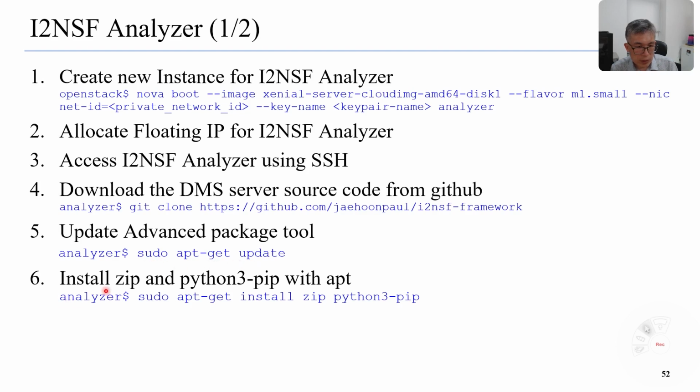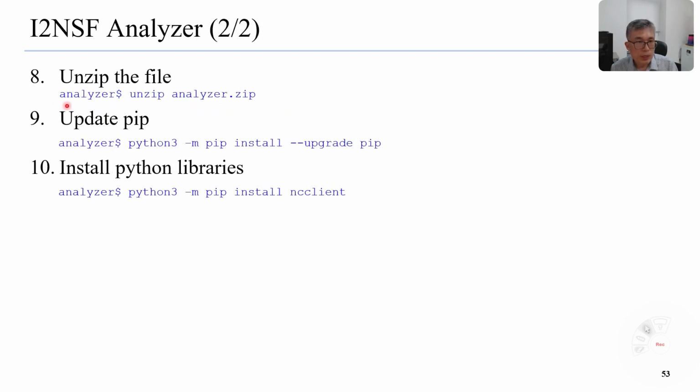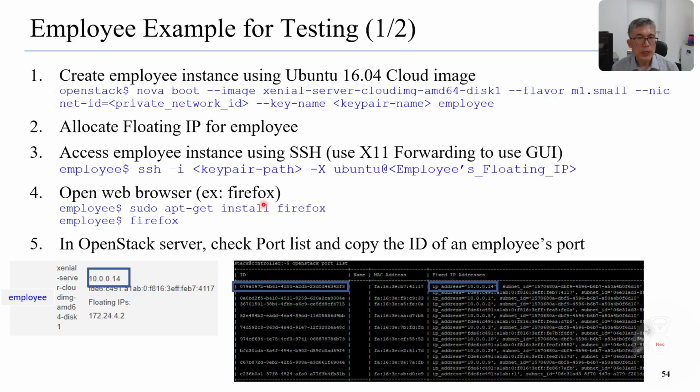And then install zip and Python 3 pip with apt using this command, and then unzip the analyzer zip file, update pip, Python 3 pip installation performed, and then install the Python libraries using this command.